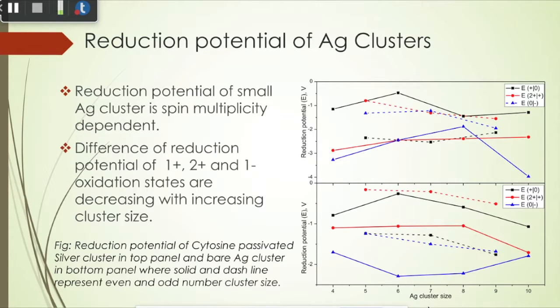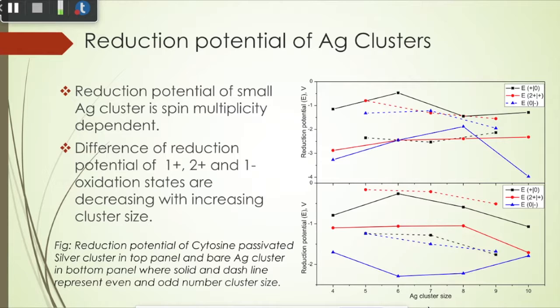Changing from +2 to +1 is the highest one. So that means the spin-favorable change gives a higher reduction potential, and all of these reduction potentials are negative, which in other words means oxidation is favorable.